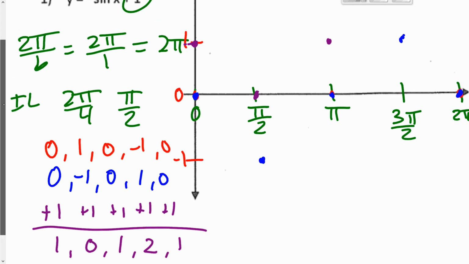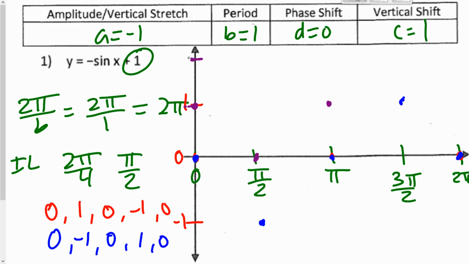Sorry. Up to 2, so I need to make a mark here for 2. So I'm up at 2. And I'm back down to 1, alright? That makes sense. Okay. And I'm back at 1. So you can see my final one goes 1, 0, 1, 2, 0.